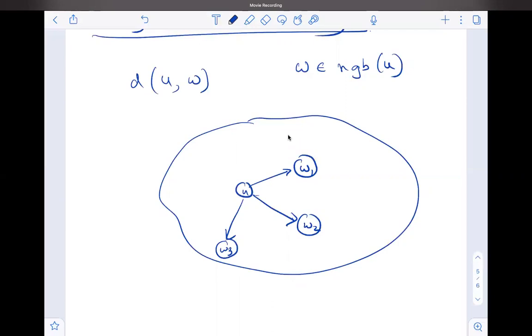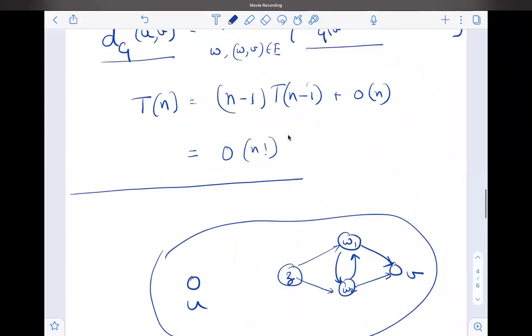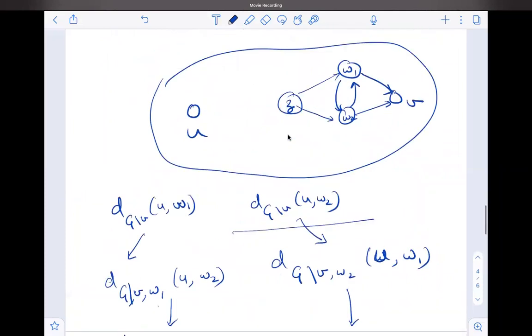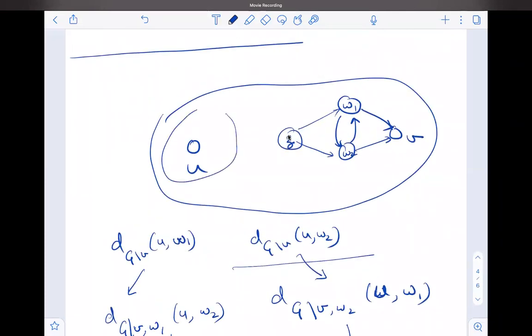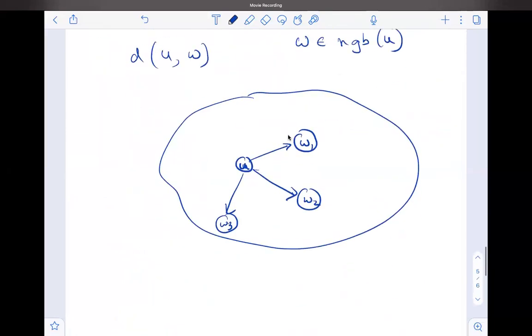Okay, so now what are the leaf computations? Leaf computations are the shortest, smallest things. It comes down to the smallest one: what is the distance from u to w1, when w1 is in the neighborhood of u?